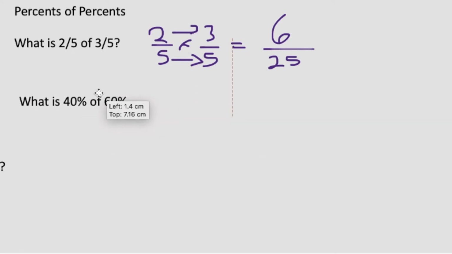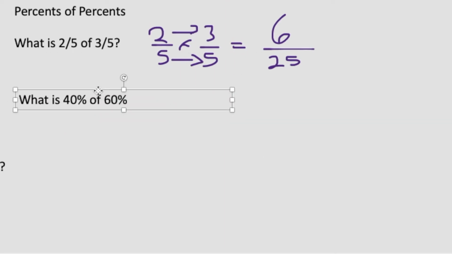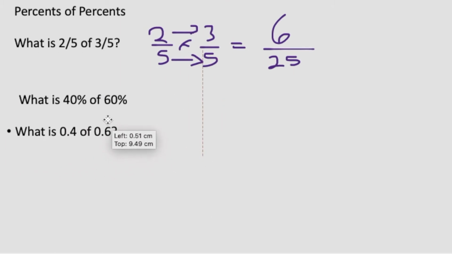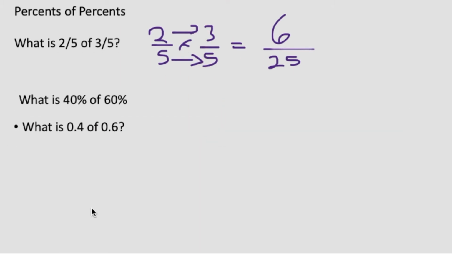Okay, now looking here at my next part, what is 40% of 60? Now 2/5 is actually 40% and 3/5 is actually 60%. Okay, we know how to do the fraction of a fraction, right? But what is a percent of a percent? So what you actually have to do is you have to change it to decimal form and then multiply.